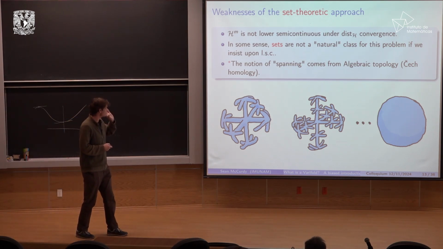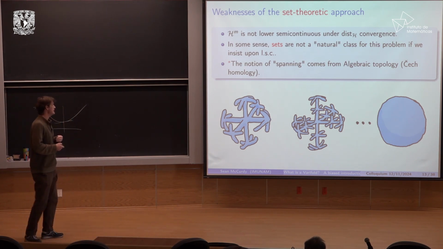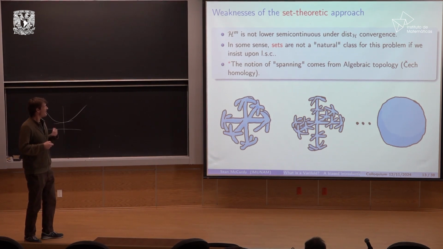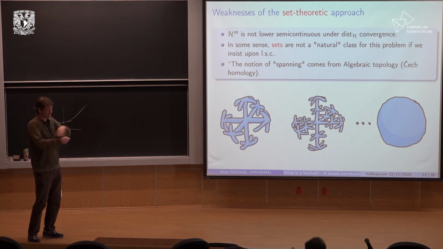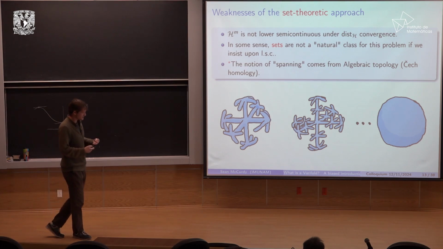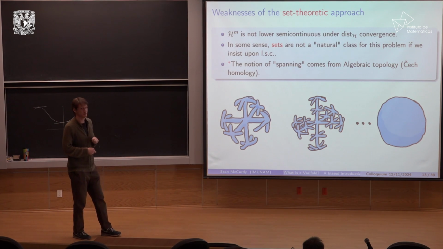Okay, so these are some big drawbacks to the set theoretic approach inaugurated by Reifenberg. And I would say, as a last note to that asterisk, also the notion of spanning and what it takes to be a set where there's going to be a non-trivial solution. In Reifenberg's approach, all of this is done in the language of algebraic topology.